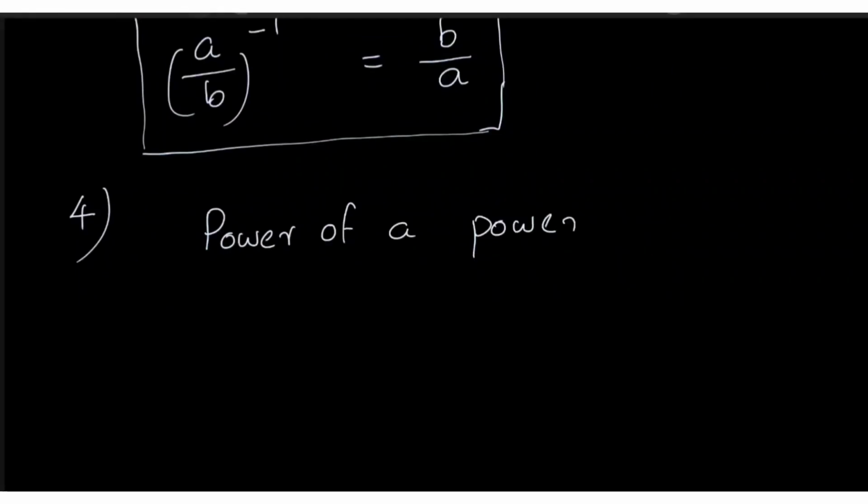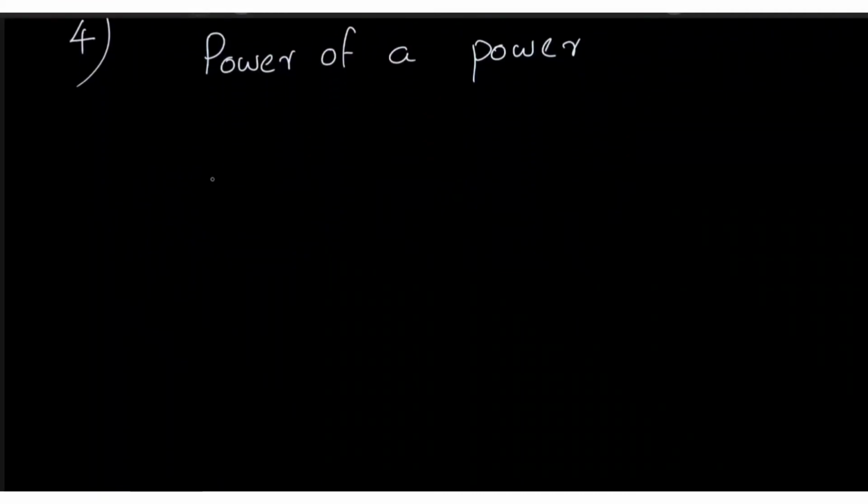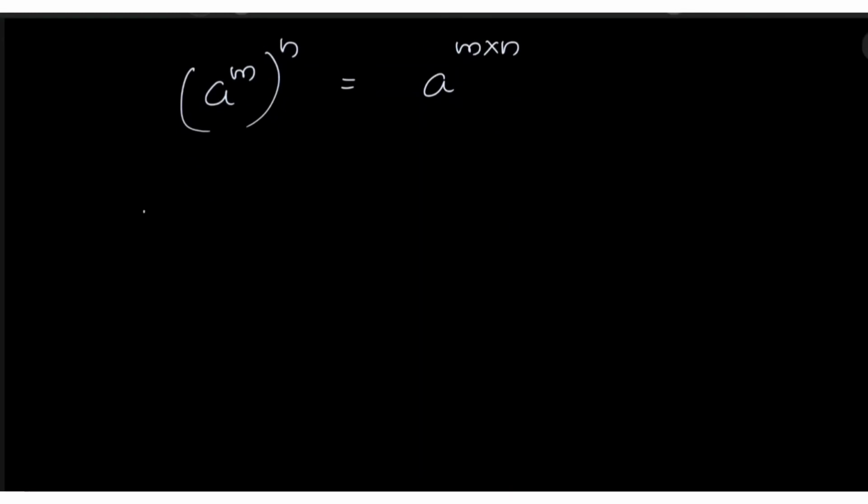It is equal to a raised to m raised to n is equal to a raised to m into n. Take an example: 7 cubed raised to 4 is equal to 7 raised to 3 into 4, which is equal to 7 raised to 12.